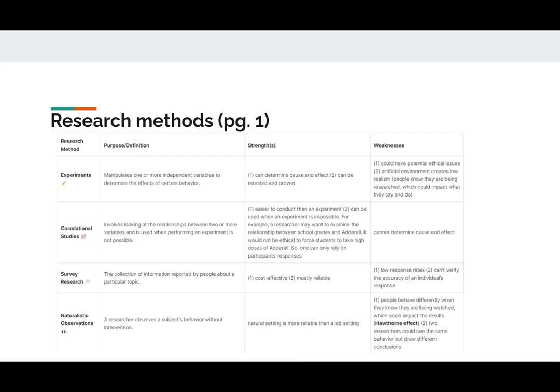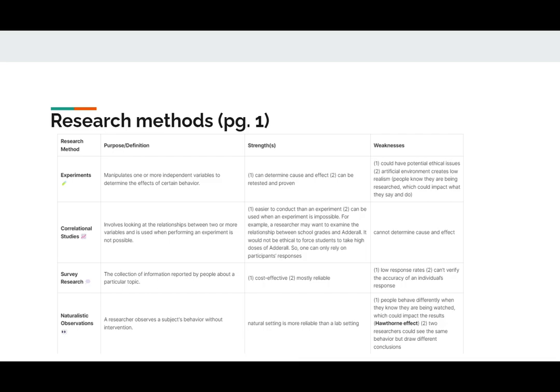For example, a researcher may want to examine the relationship between school grades and Adderall. It would not be ethical to force students to take high doses of Adderall, so one can only rely on participants' responses. But its main weakness is it cannot determine cause and effect, which kind of sucks.